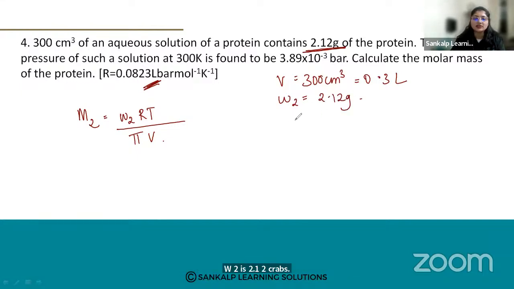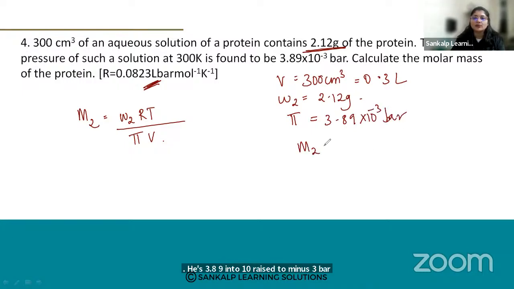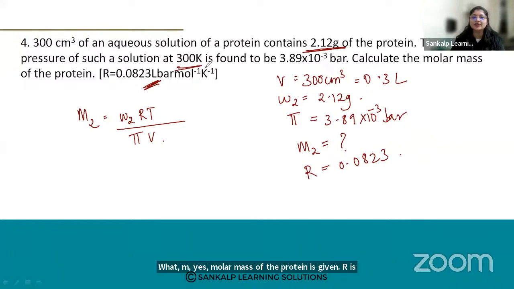The osmotic pressure is given as pi, 3.89 into 10 raised to minus 3 bar. Molar mass of the protein is to be found. R is given 0.0823. Okay. And temperature is also given here. So temperature is 300 Kelvin.